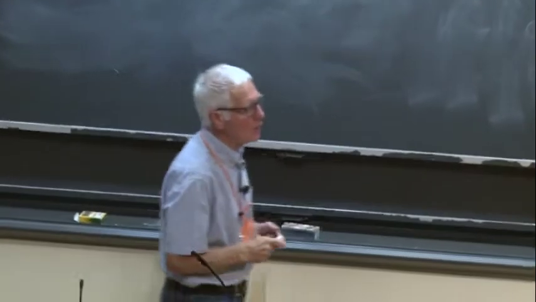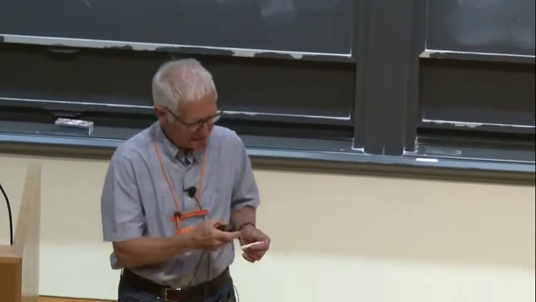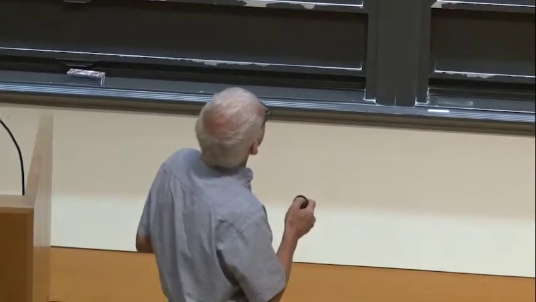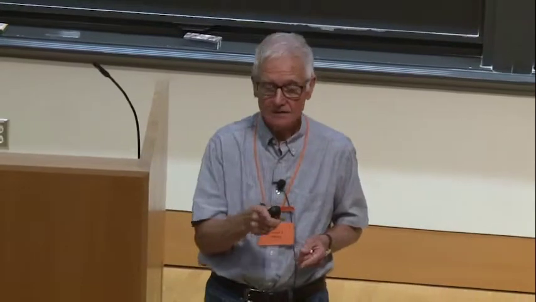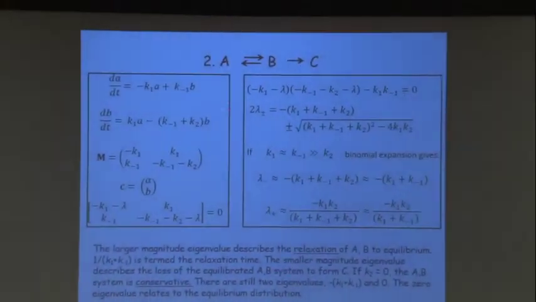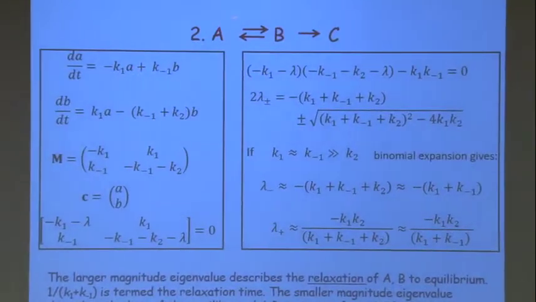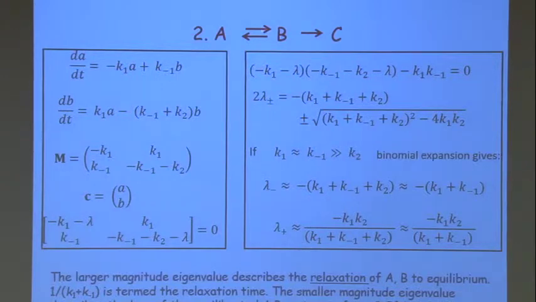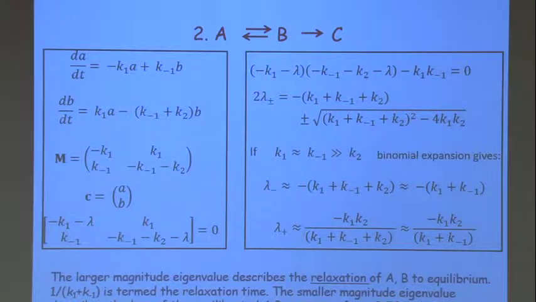So what we've then got is A and B reacting together reversibly, and B isn't lost. So it's what's called a conservative system. A and B is a conservative system, and they're basically coming together to equilibrate.